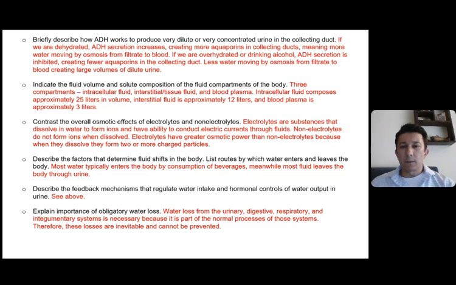And last but not least, we have the importance of obligatory water loss. When I was talking in my lectures about the routes by which water leaves the body, these losses are obligatory because the urinary system processes a lot of water, and the digestive system uses thousands and thousands of milliliters of water each day to produce and secrete its digestive enzymes and juices.